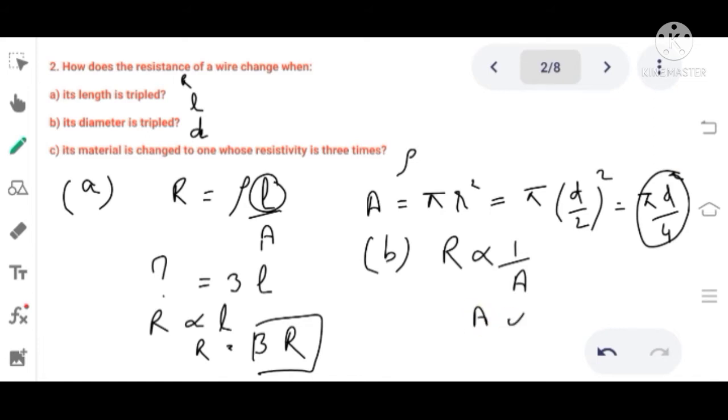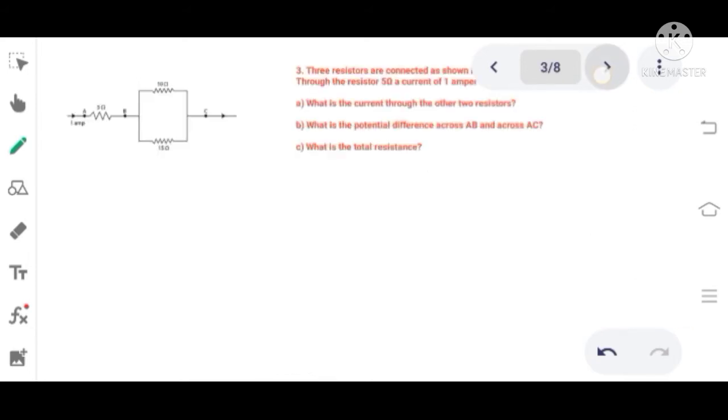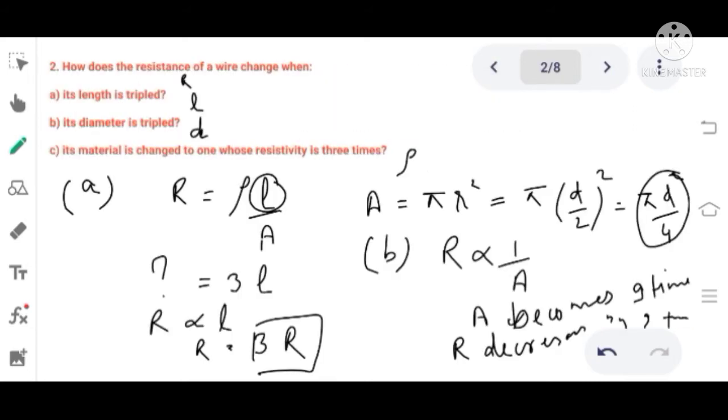So d square means (3d) square, 9d square. So area also becomes 9 times, or area increases by 9 times if diameter increases by 3 times. So if area increases by 9 times, resistance decreases by 9 times, because resistance is inversely proportional to area. So resistance decreases by 9 times.